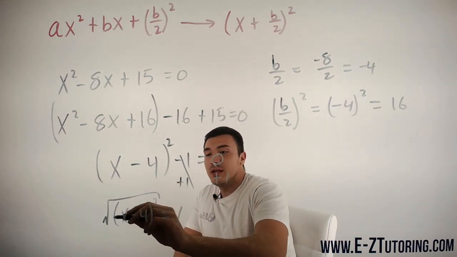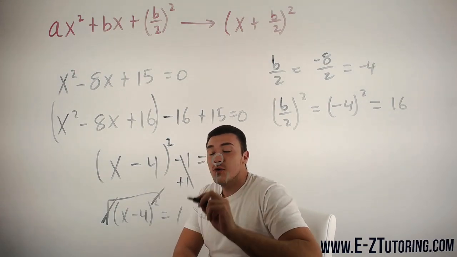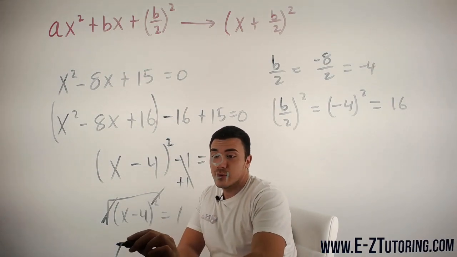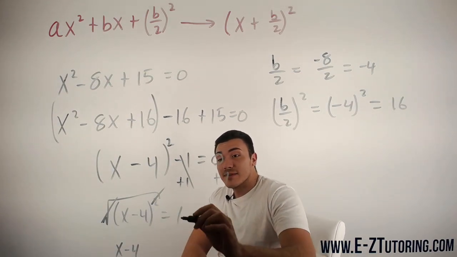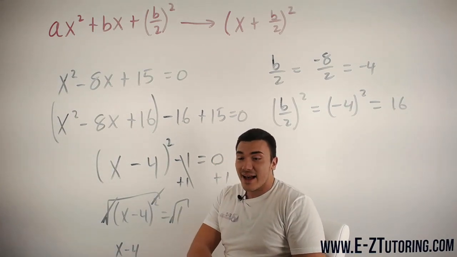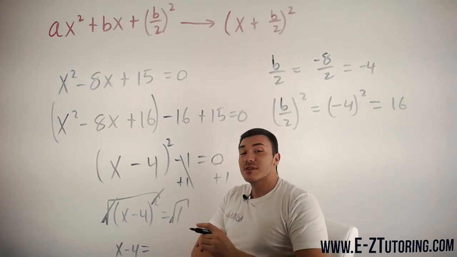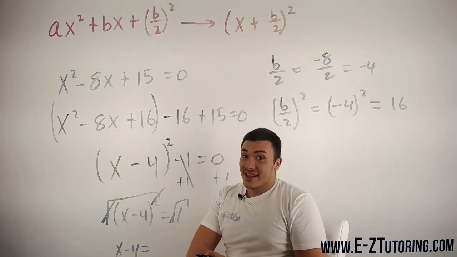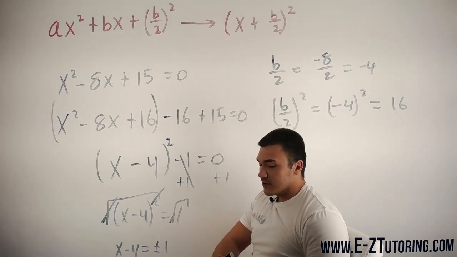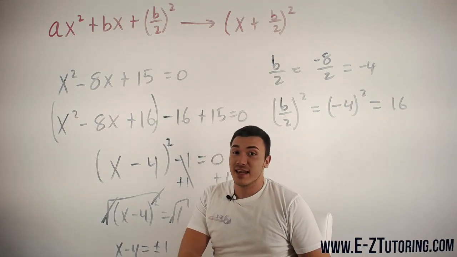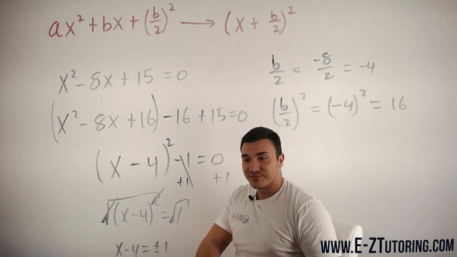And square rooting will cancel the 2, and you'll be left with just the x minus 4. And now, of course, if we square rooted the left side, then we have to square root the right side. And what's the square root of 1? It's not 1, it's plus or minus 1. That is also another super common mistake that is made in problems like these.